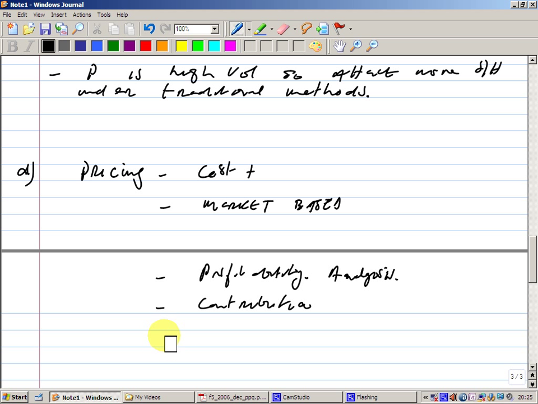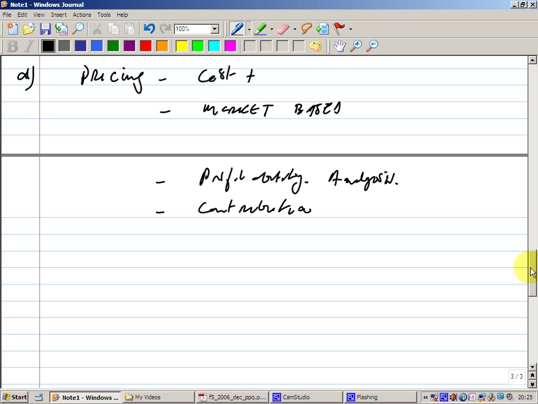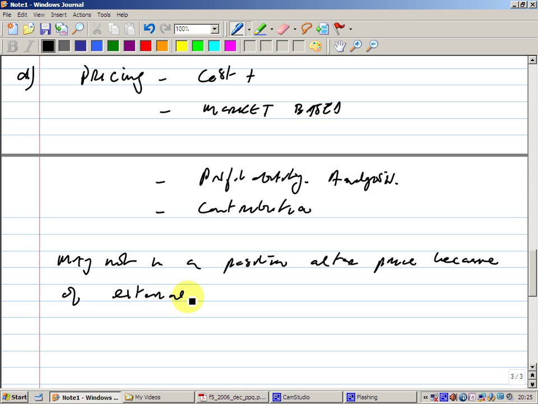So that's the type of discussion that we need to make. The implication is that the company may not necessarily be able to change prices, so may not be in a position to alter prices because of external market forces.